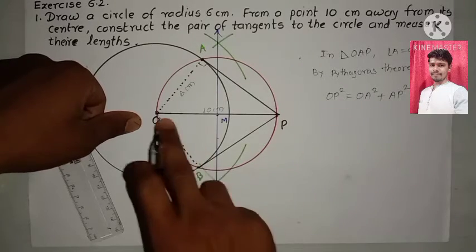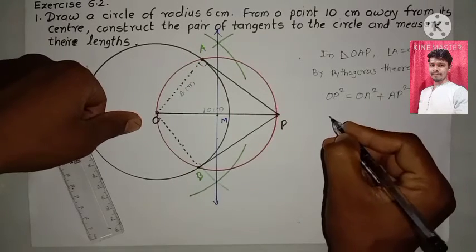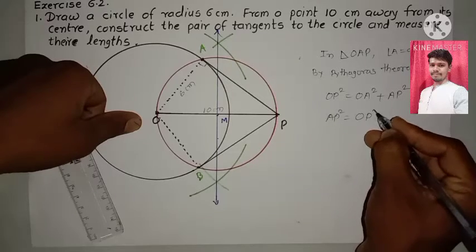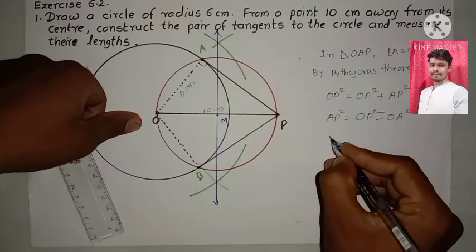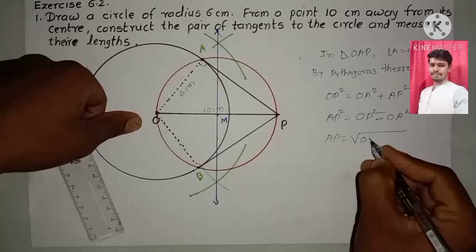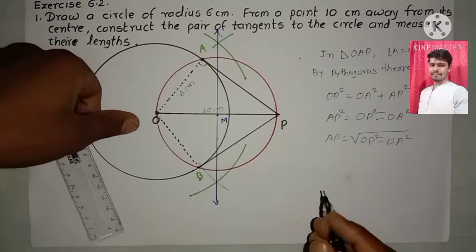Here we want AP, so we rewrite it: AP squared is equal to OP squared minus OA squared. So AP is equal to the square root of OP squared minus OA squared.